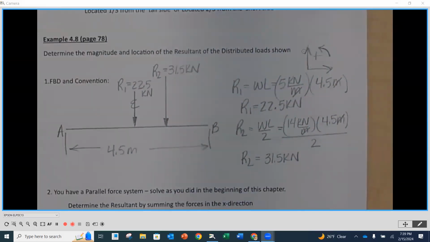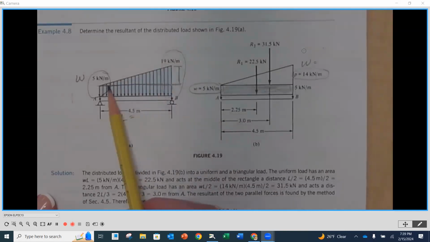Now, any questions on the magnitude of the resultants? So we took those distributed loads and we made concentrated loads out of them. Now, distances, we need to locate them with respect to their distributed load scheme. So the R1 is the rectangular.